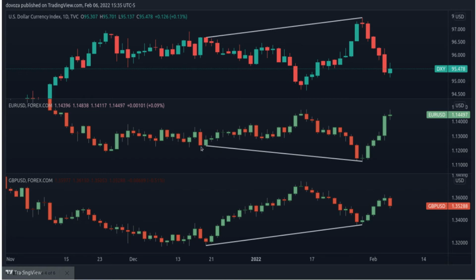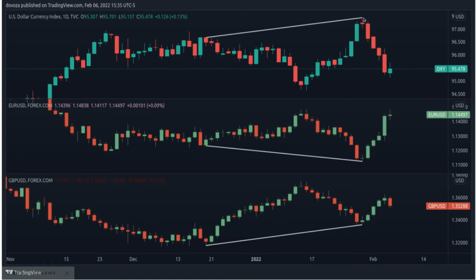See, when the euro makes a low, like here, we expect that the pound should also make a comparable low. Unfortunately, in this case, the euro made a low, but the pound made a higher low right here. This is a lower low, this is a higher low.